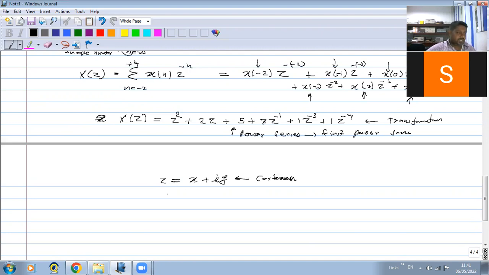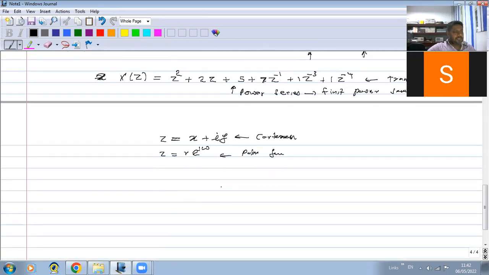This z can also be represented in a polar form, like this, with e to the j omega. I think you know how the conversion is done, Cartesian to polar or polar to Cartesian. Anyway, this is a complex variable.